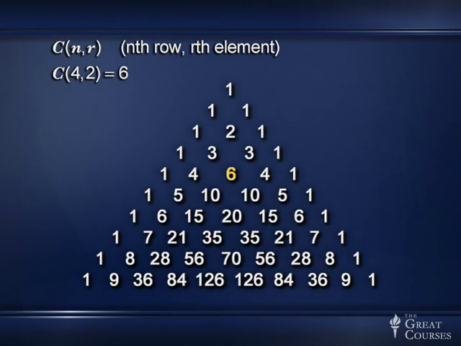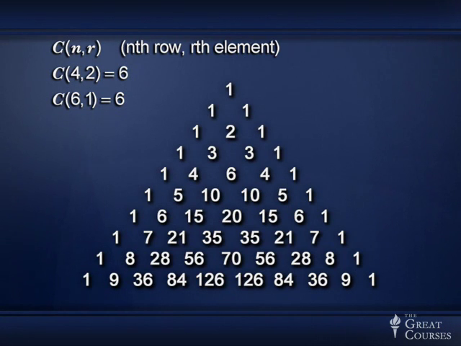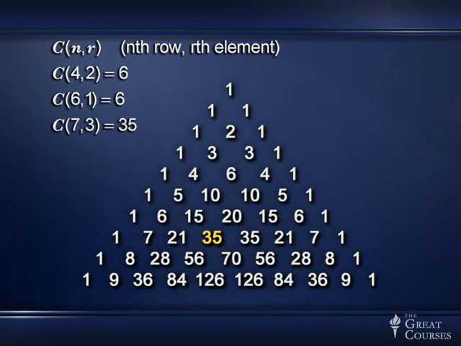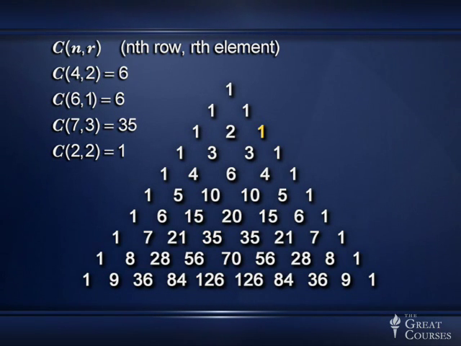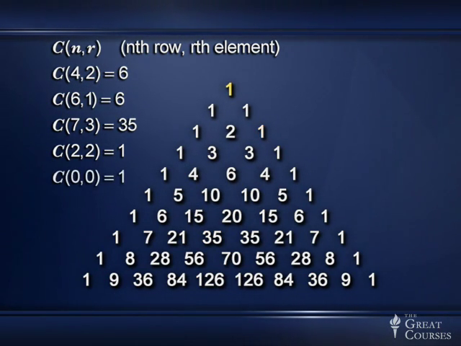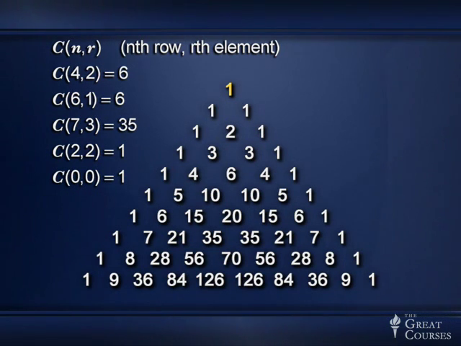So C of 4 comma 2 is 6. Similarly, C of 6 comma 1 is also 6, but that's now down in the 6th row. C of 7 comma 3 is 35. C of 2 comma 2 is just 1. And C of 0 comma 0 is that 1 that's at the very top of the triangle.